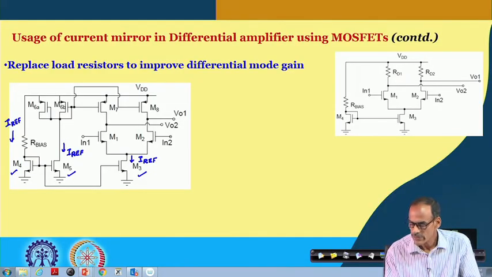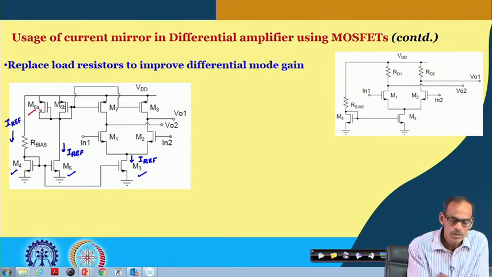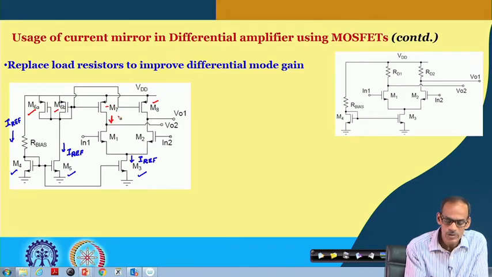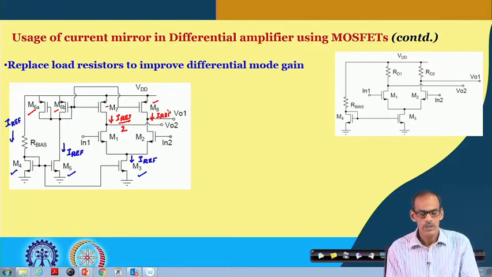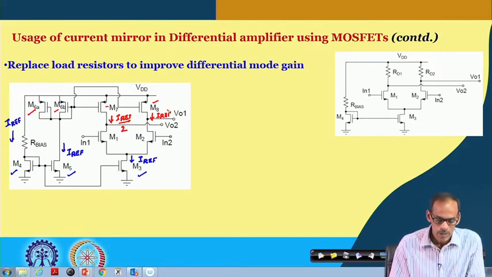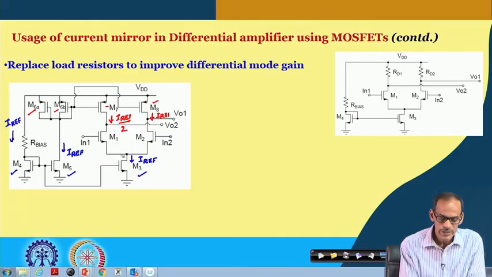On the other hand, if I assume that all 4 transistors are identical, that makes this current equal to I reference by 2. Likewise, this is also I reference by 2. So, that is how we can say it DC current wise.